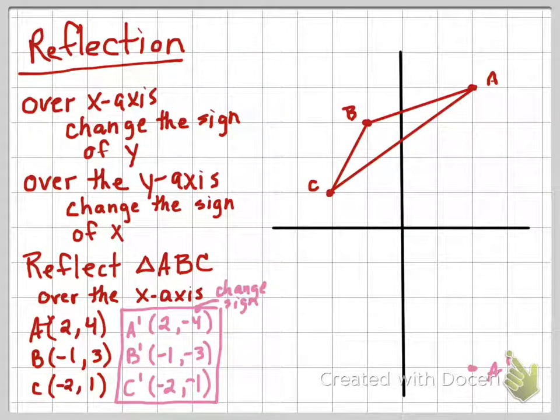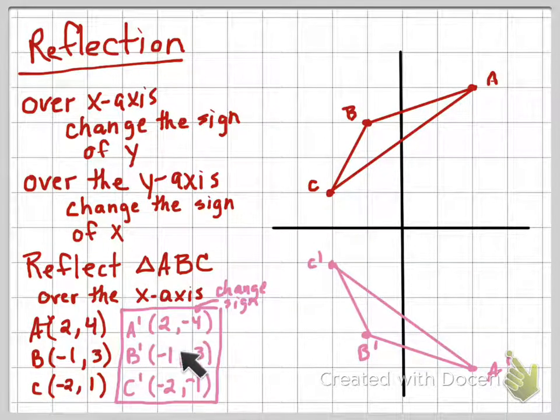So there's A prime. Same thing with B. B is 1, 2, 3. So 1, 2, 3, and there's B prime. And C is 1 away. So C prime is 1 away. And there's my reflected triangle. Same exact coordinates that I had from the rules. So it doesn't matter which way I do it as long as I answer the question.